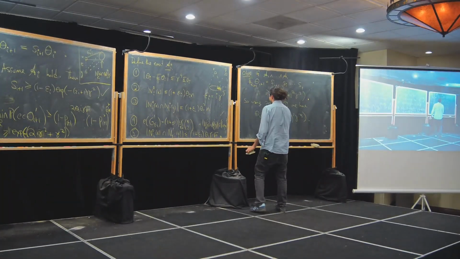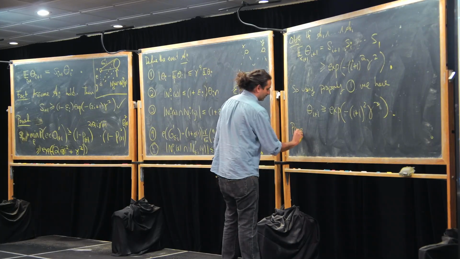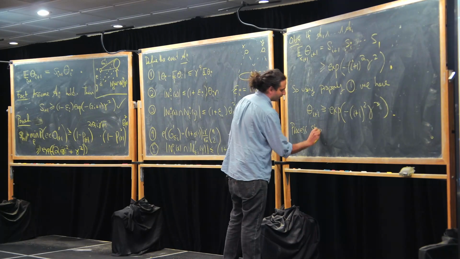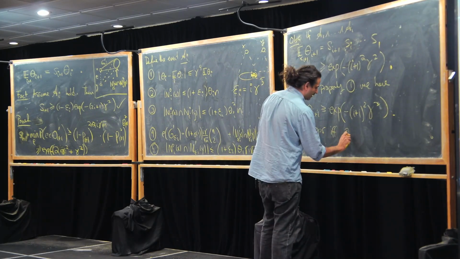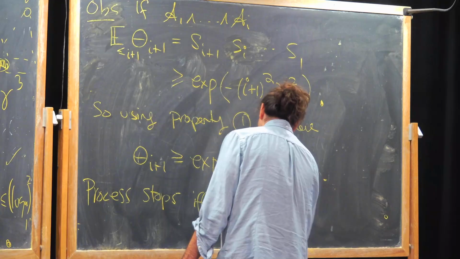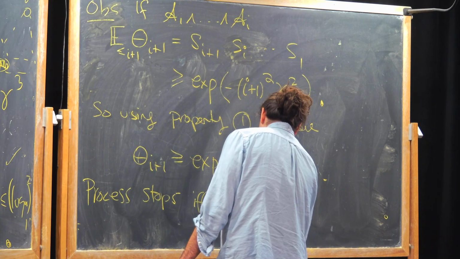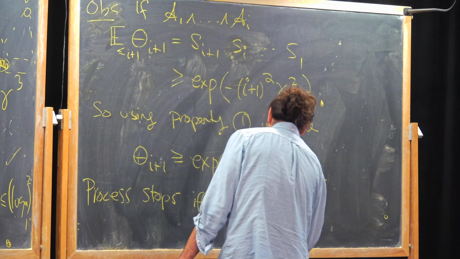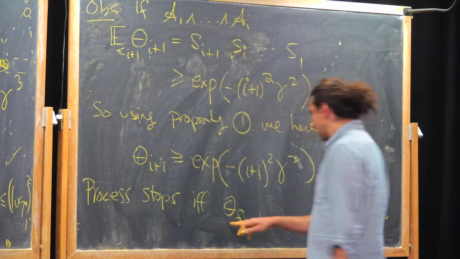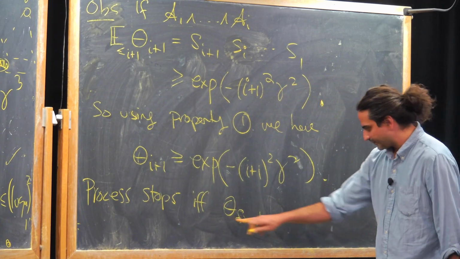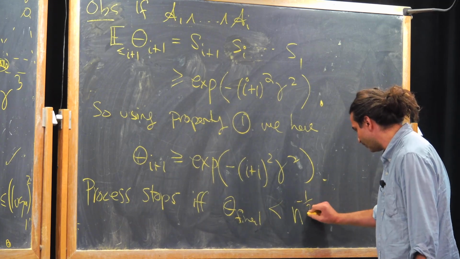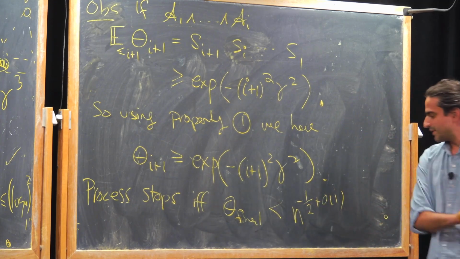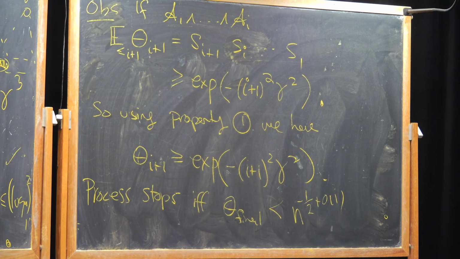So the process stops if and only if, just by definition, theta I, or let's say theta final, gets extremely small. This is overkill for us, but something like this. This is basically the point. There's no point in even proceeding.